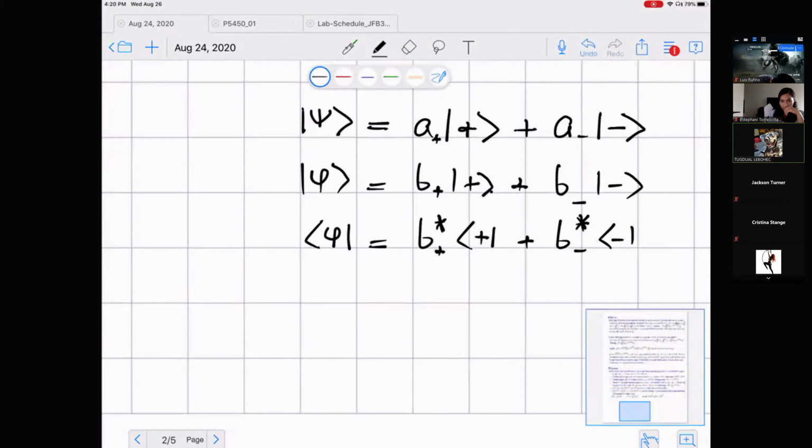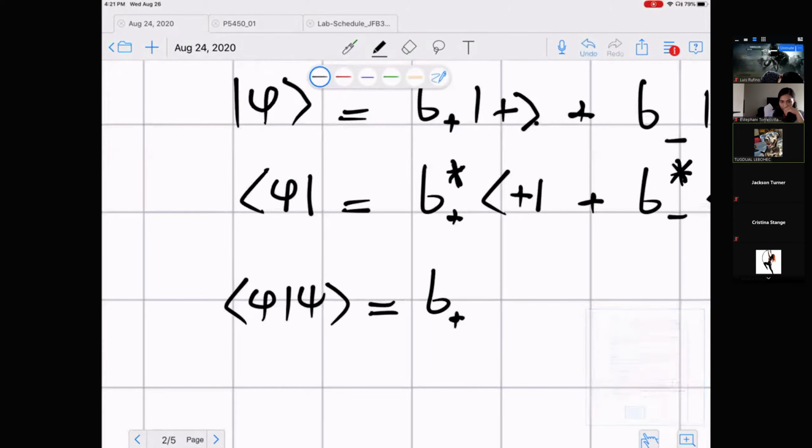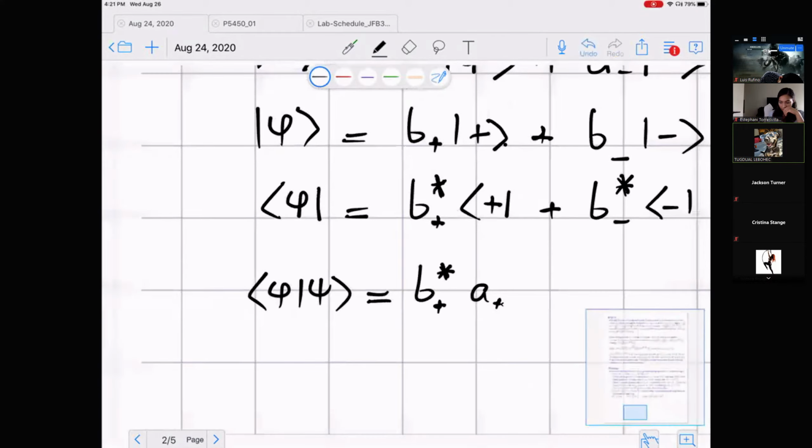So when I form the product phi psi, I'm going to have b plus star, plus, that multiplies a plus, plus, which is just b plus star a plus.